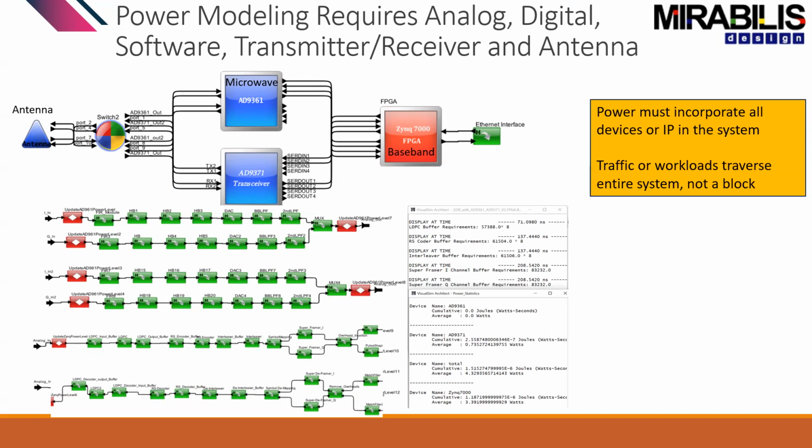Because if you just look at a single IP or a single device in isolation, without knowing the intent of the application, it's really hard to say what is going to be my peak voltage, what is going to be the peak wattage of my system, or what's going to be the average power over an extended period of time.